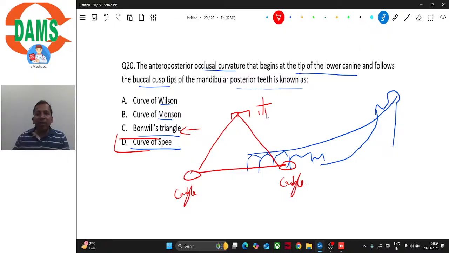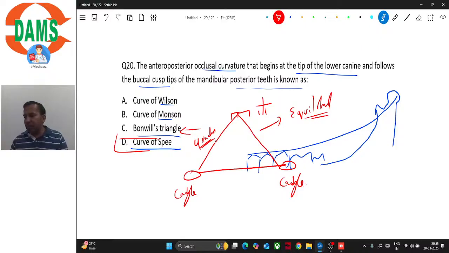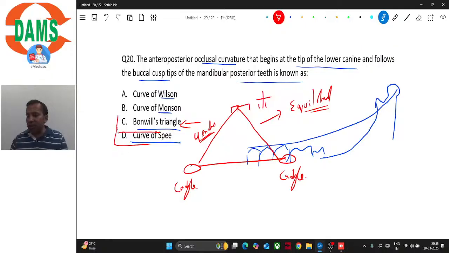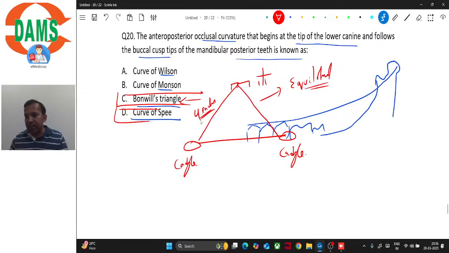So basically this forms an equilateral triangle with sides of almost 4 inches, isn't it? Basically when it was first studied, it helped to differentiate between female and male, because in females this Bonwill's triangle is a bit smaller as compared to the males, right? So basically its use is in prosthodontics. Yes, very good, Pankti.